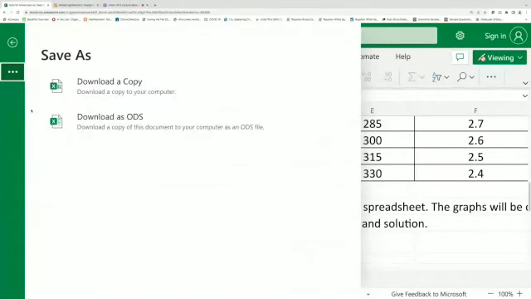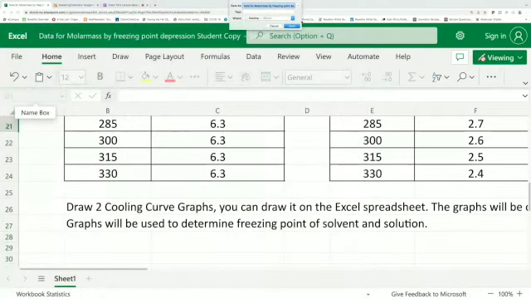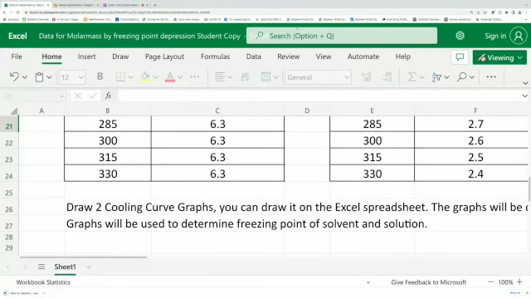Oh, there, save as. Okay. It's just my computer that's being slow. Download as a copy. Fine. I was trying to figure out why it wouldn't let me. So yeah, if you download it, you can save it on your desktop, then you can do stuff to it. I just don't want you guys to modify the original one, right?